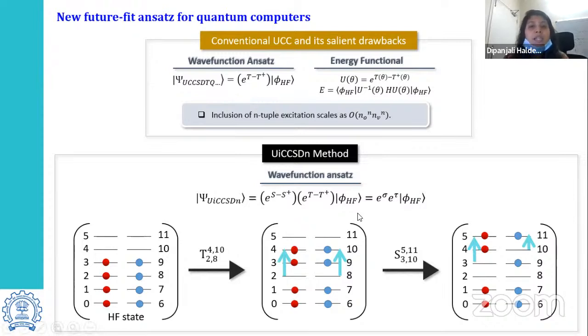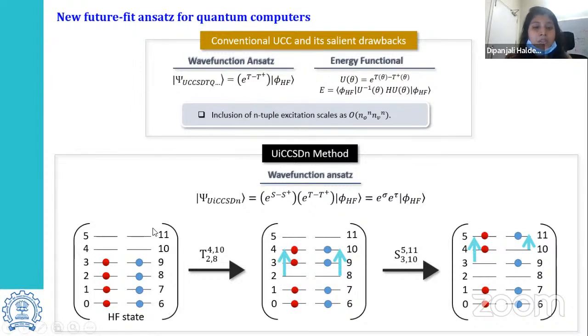So using this double unitary ansatz, I can show how we can mimic the effects of higher body excitations, but our operators are two body operators. Using these two body operators, we can mimic the effects of higher rank excitations. So here is an example.